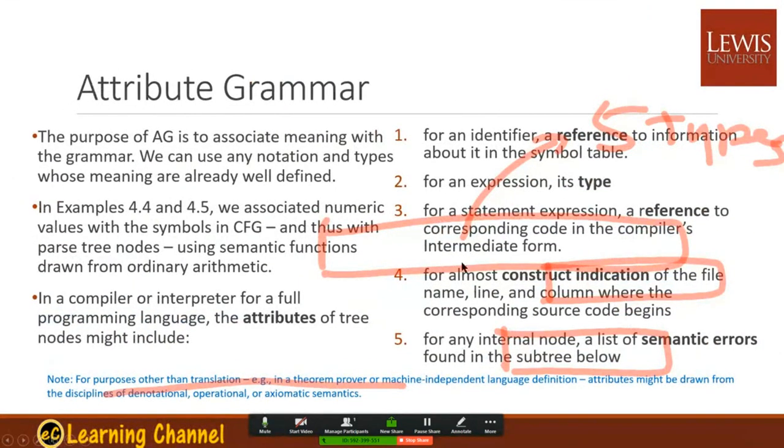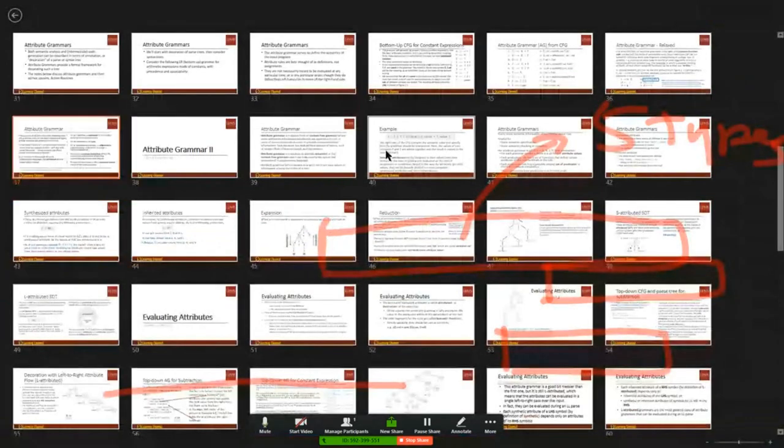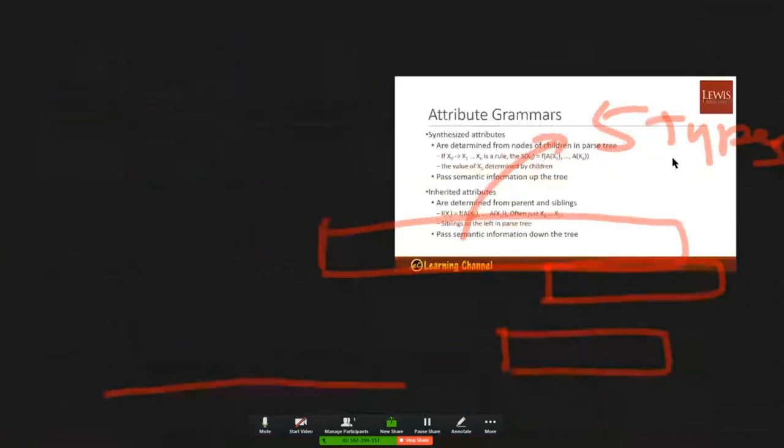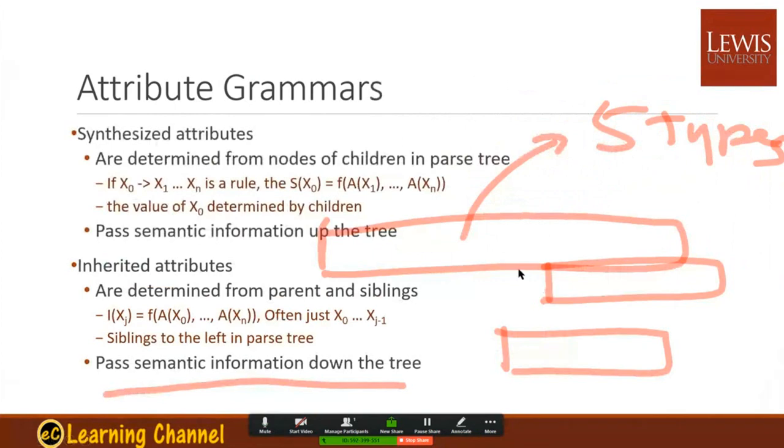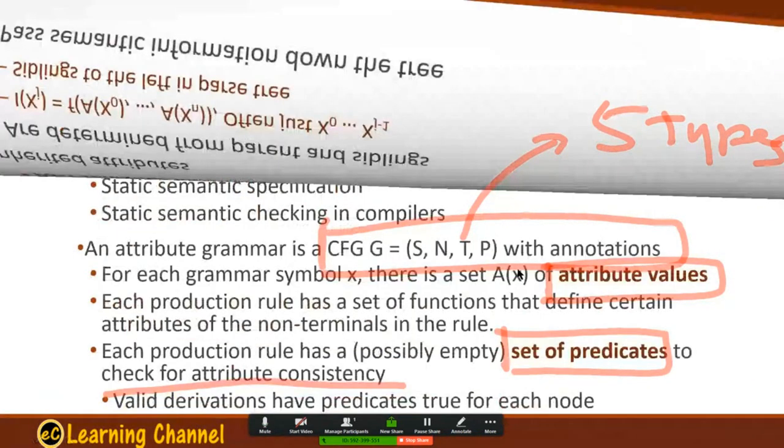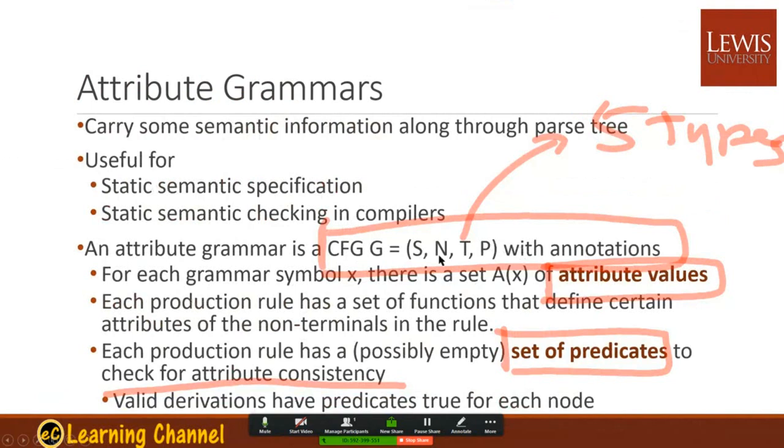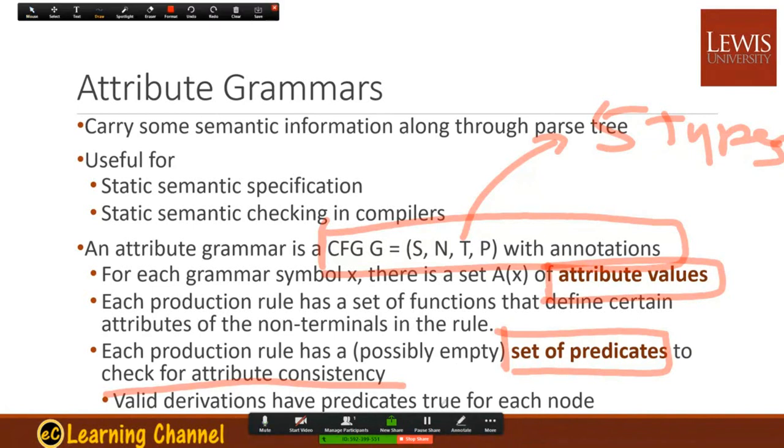Yeah, this is the 5 types of information that we will obtain for the attribute grammar that we just mentioned. So this shows you the attribute grammar is a context-free grammar with those 5 types of declarations, and then you can actually do something more.